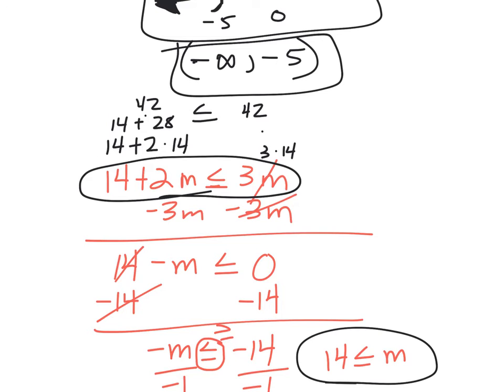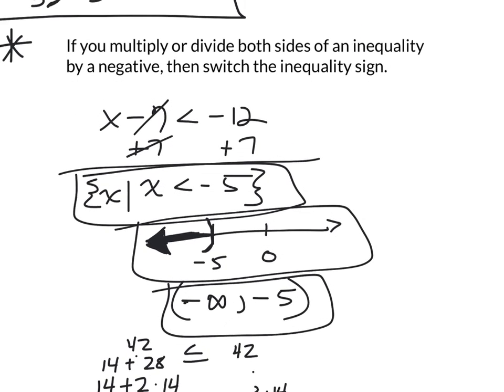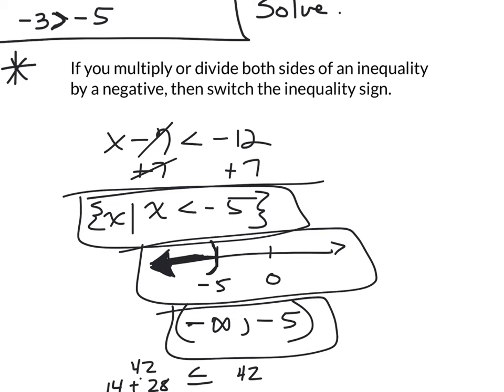A bracket includes. Now, if we compare that to this problem up here, the answer is x is less than negative 5. If I put negative 5 into the original problem, I'd have negative 5 minus 7, which is negative 12. But negative 12 is not less than negative 12.